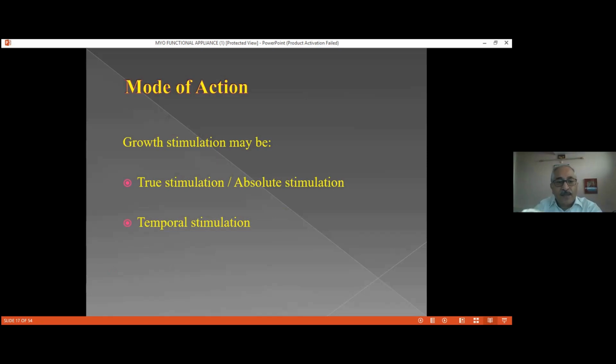Now, the second type is temporal stimulation. Here there is an initial surge in the growth, and when the appliance is removed, the growth comes back to the normal genetic pattern or form. So this type of growth stimulation is known as temporal stimulation, which is not a true stimulation.